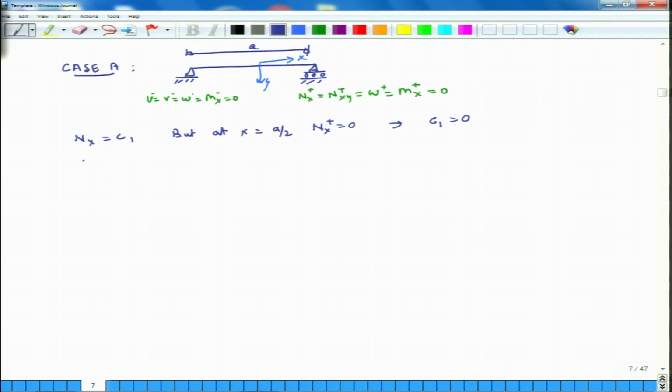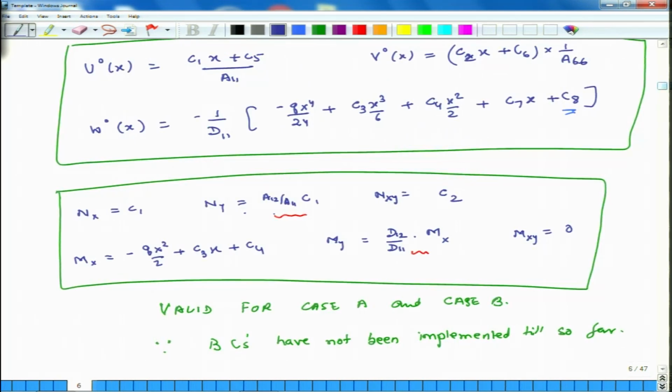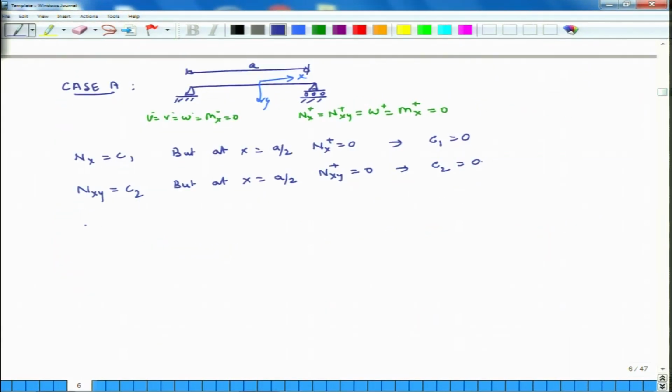Then we have nxy equals C2, and at x equals a over 2, nxy equals 0. So, this gives us C2 equals 0, and also ny is equal to a12 divided by a11 into C1, and C1 is 0. Because of that ny is equal to 0.